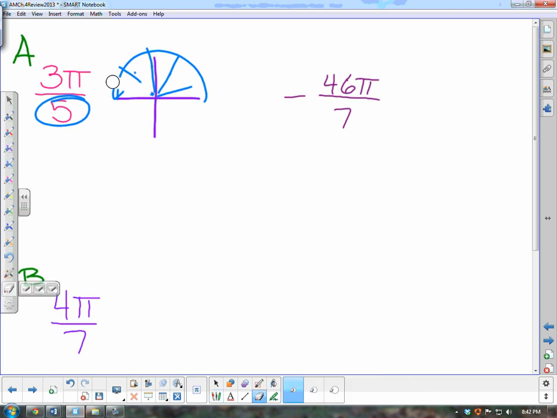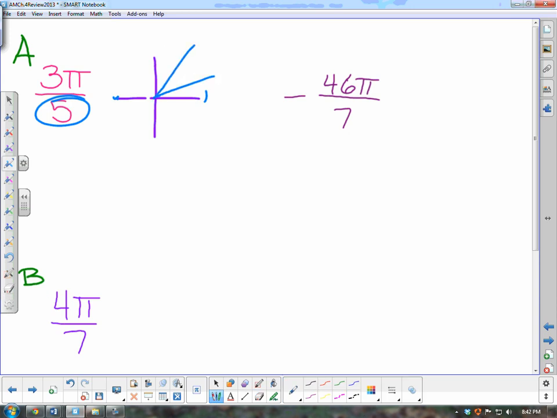Let's try that again. Okay, so we'd have 1, 2, 3, 4, and 5 equal parts. So 3 pi over 5 would be here, and that puts you in quadrant 2.